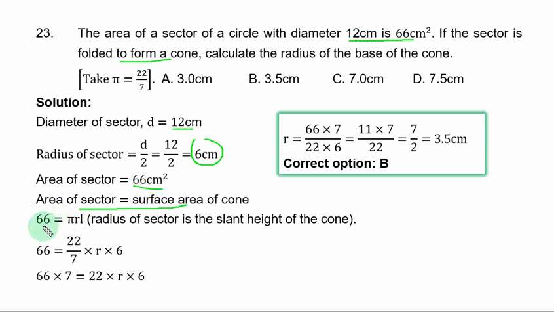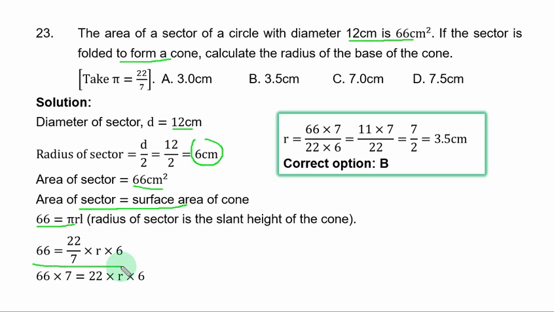That is 66 equal to pi R L. Now, by the relationship between a sector and a cone, the radius of the sector is equal to the slant height of the cone. That means L is equal to 6. So you have this result.